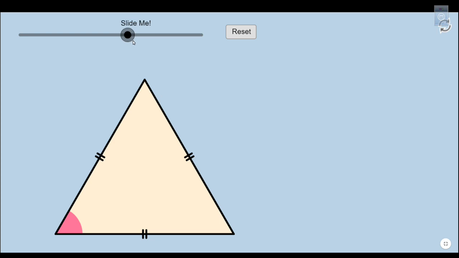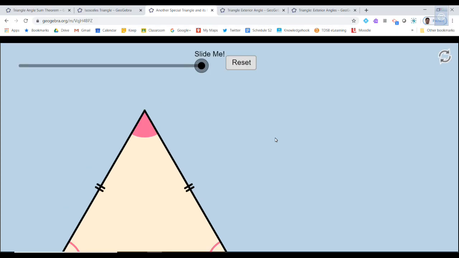If I slide this over, that same angle fits perfectly into the bottom right corner as well as the top. So all 3 angles in an equilateral triangle are the same. And because all 3 also add up to 180 degrees, like in any triangle, each angle has to be 60 degrees. So that's an important fact.